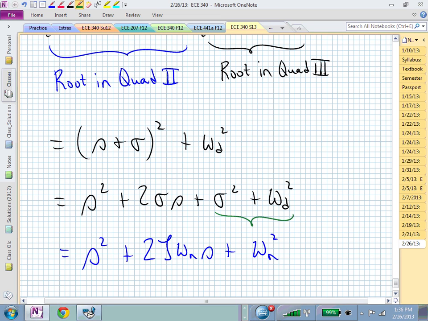And if you compare the coefficients that are scaling the linear factor in s, the 2's are the same, and sigma is just zeta omega sub n, and that's the distance into the left half plane that that root is located, zeta omega sub n or sigma. Questions on that?